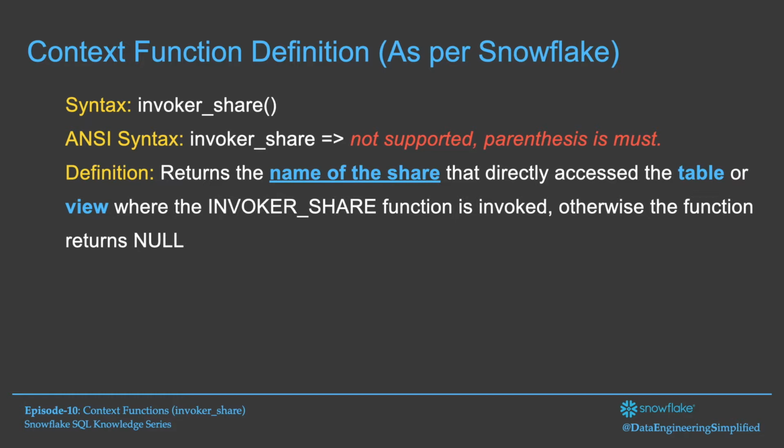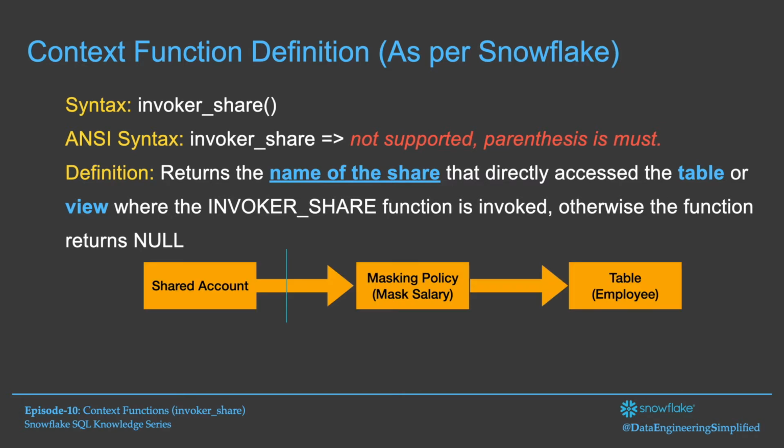Let me help you with a pictorial representation. So here I have an employee table, which is at the rightmost side of the diagram. And there is a masking policy which is masking the salary information, and this table or a view is shared with a shared account. When shared account access this table or a view, then the masking policy, if invoking invoker share, then the shared object name would be returned.